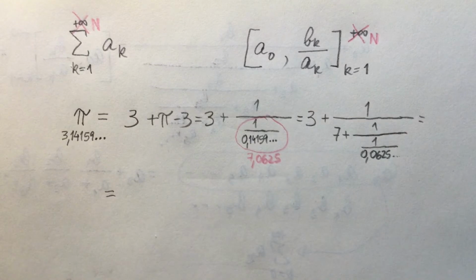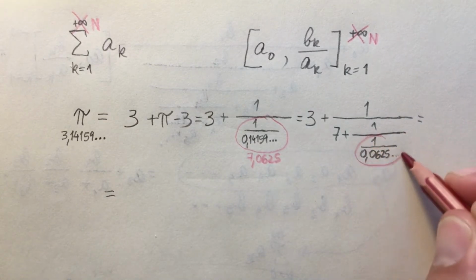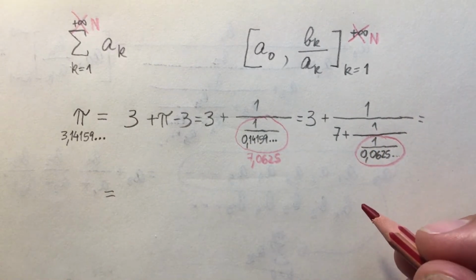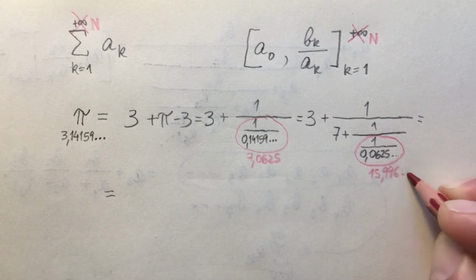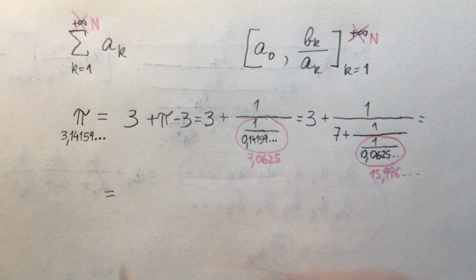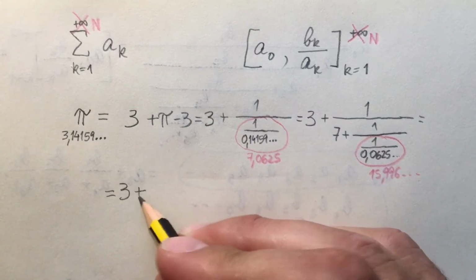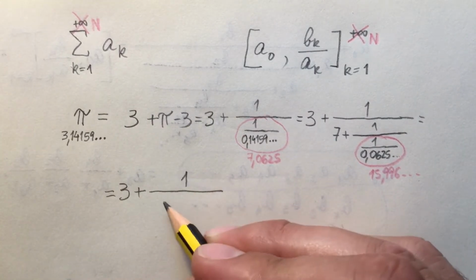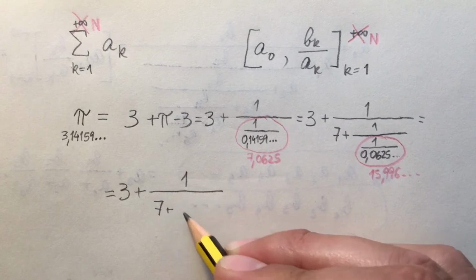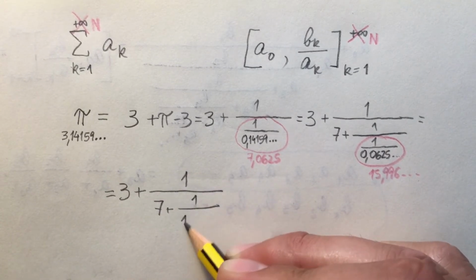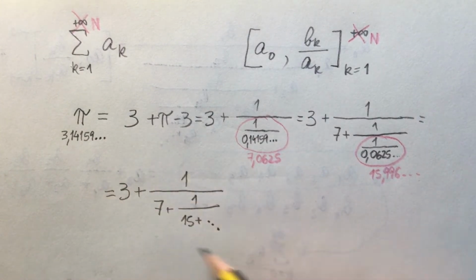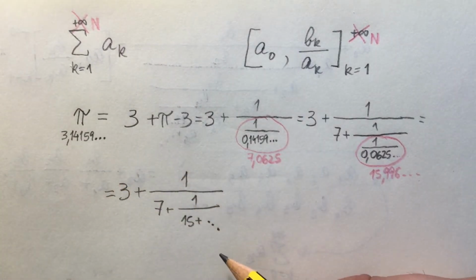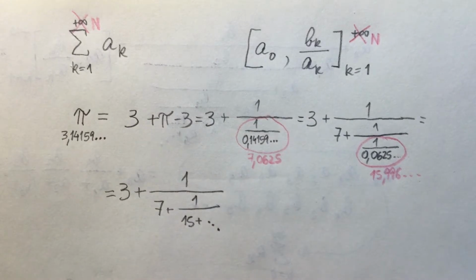And since this fraction here turns out to be 15.996 and so on, we can again write this as 3 plus 1 divided by 7 plus 1 divided by 15 plus, well, you got the idea. In this way, we can get a continued fraction to represent pi.